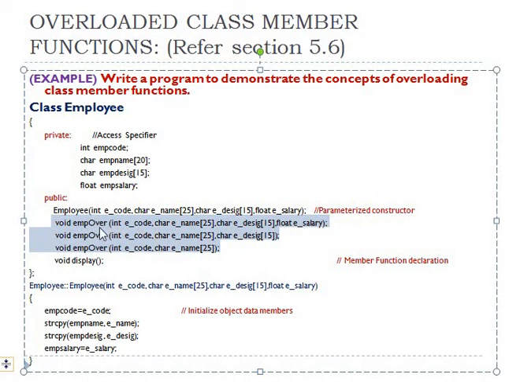The first overloaded function contains 4 parameters, the second contains 3 parameters, and the third contains 2 parameters. In this way, function overloading has been achieved through these 3 member functions taken together.